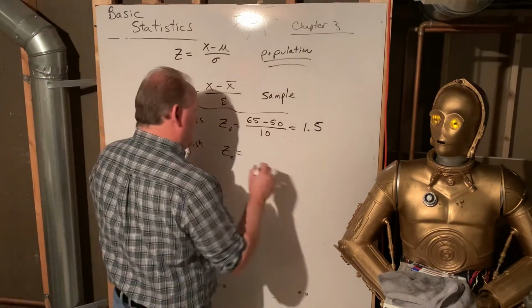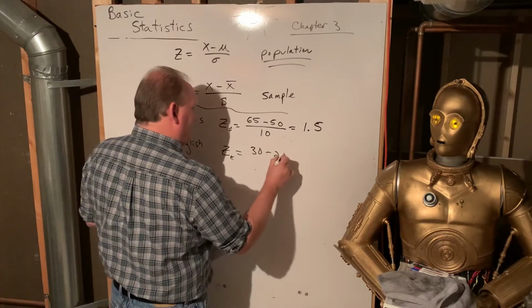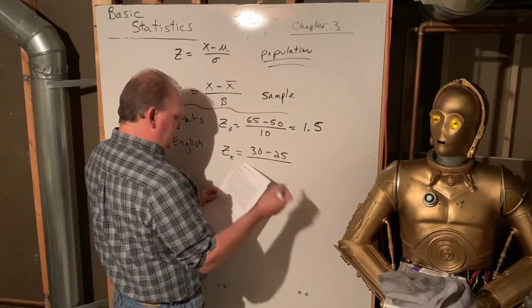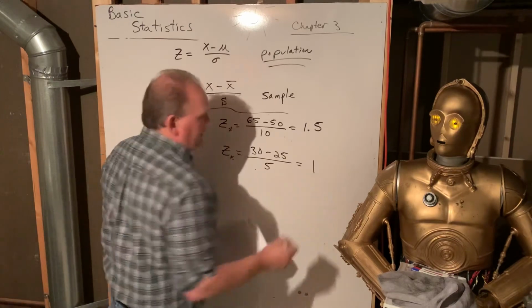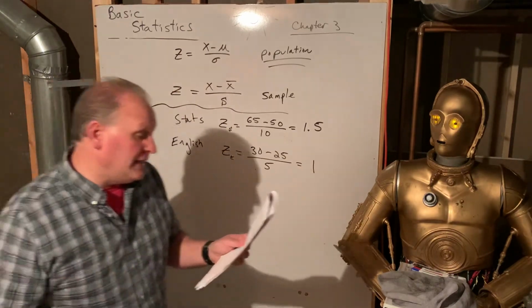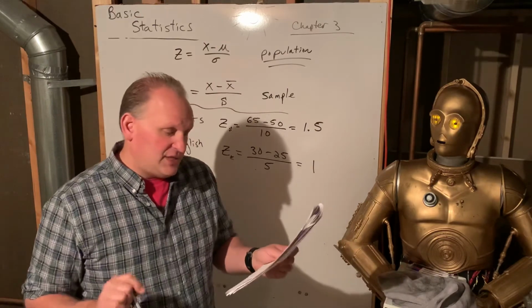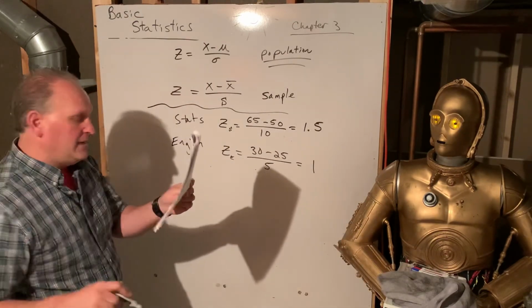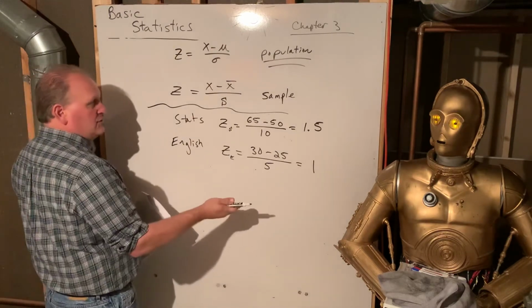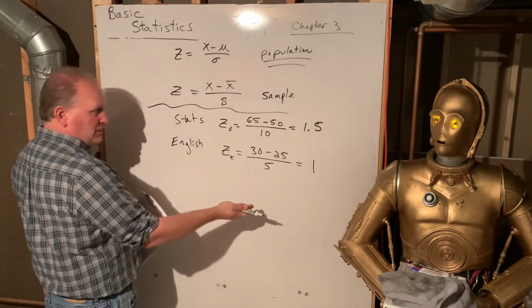Either way is fine. So 30 minus 25, but that wasn't as varied. That was only by 5. And so 5 divided by 5 is 1 standard deviation above the mean. So you still did good, but you're only 1 standard deviation above the mean. Where in stats, you were 1.5 standard deviations above the mean. So if you compared, how did you do? You did better than the average in both classes.